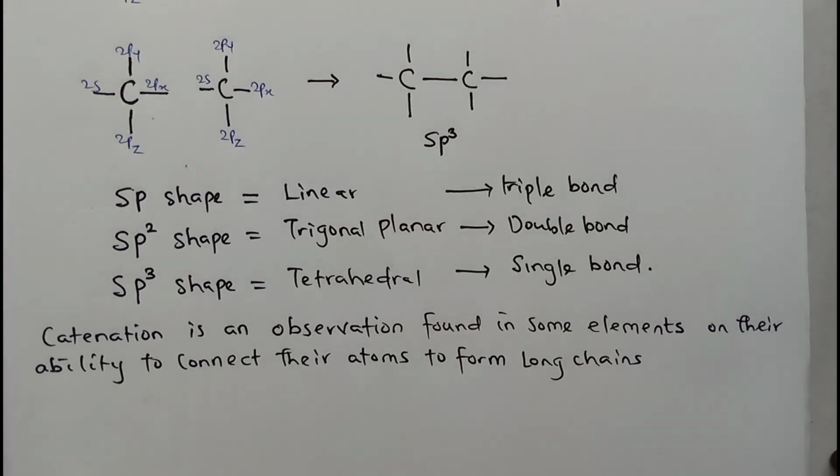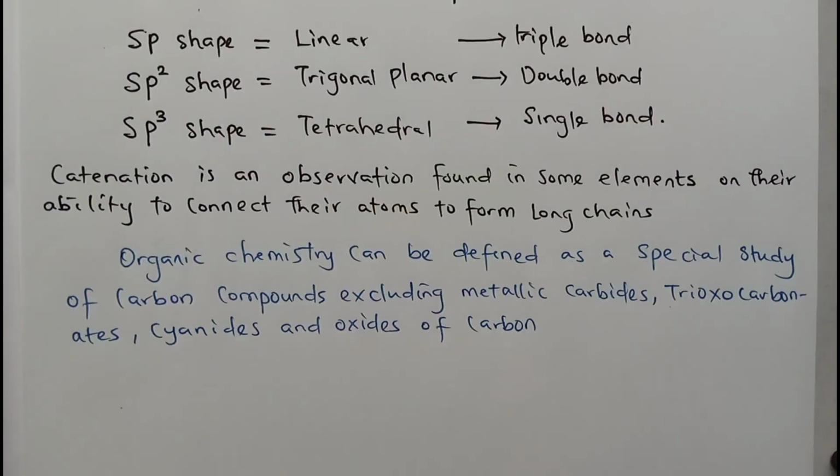This gave rise to more carbon compounds than silicon, and this gave the attention of chemists to look into organic chemistry, or the study of carbon, which gave the definition of organic chemistry to be the study of carbon compounds excluding metallic carbides, the trioxocarbonates, the cyanides, and the oxides of carbon.